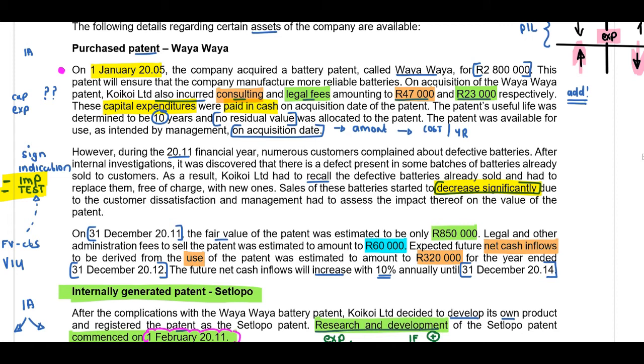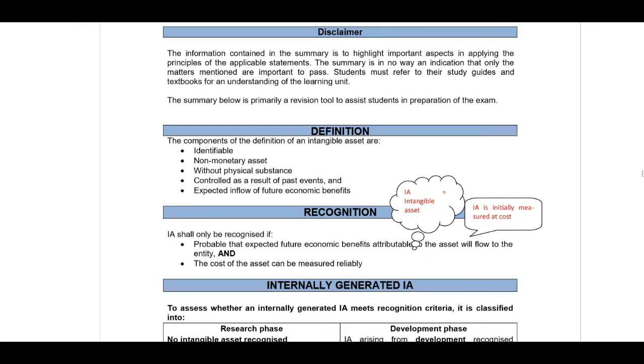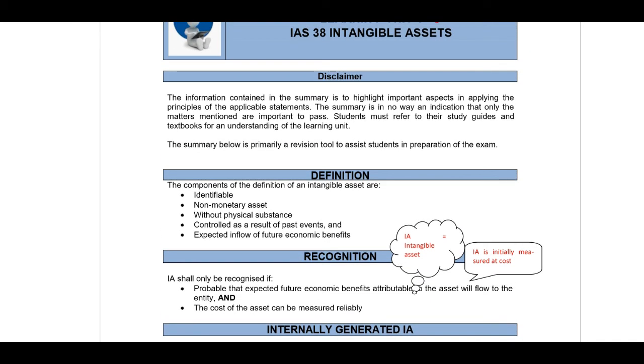They've indicated to us that they've acquired the patent for the 2.8 million. We've identified that we're not sure whether to capitalize the consulting and legal fees. Therefore, you refer to your revision page. You identify, have we mentioned anything in terms of our asset?